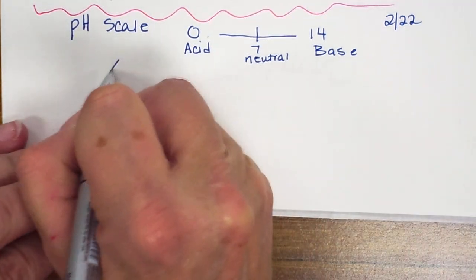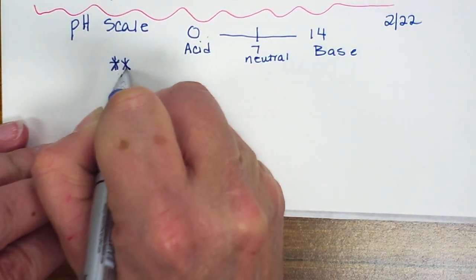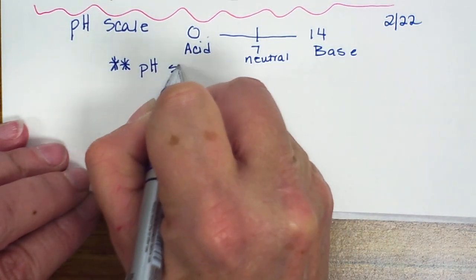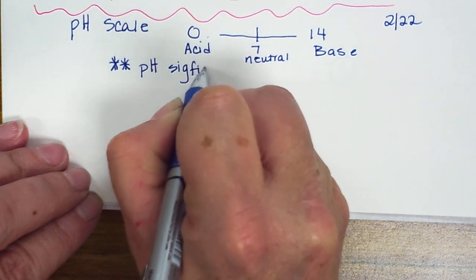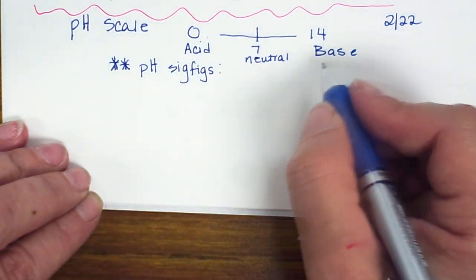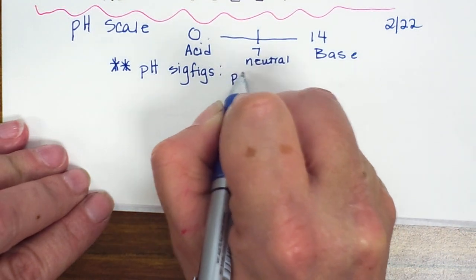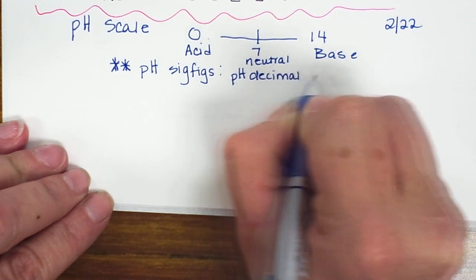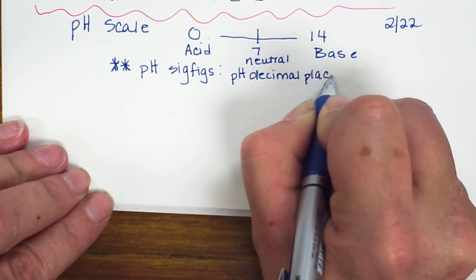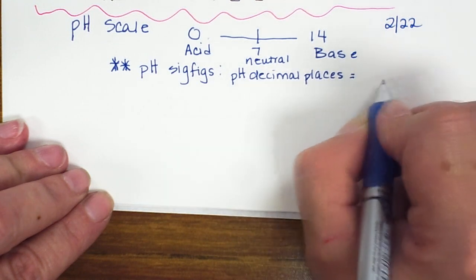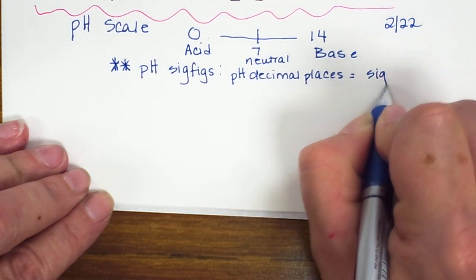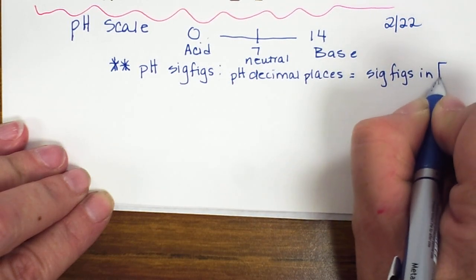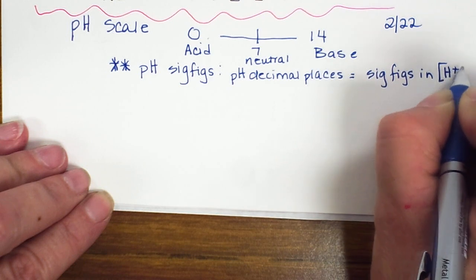Now, important in here is pH sig figs. They're weird. I don't know why they're like this. The pH decimal places equal the significant figures in the concentration of the H plus.